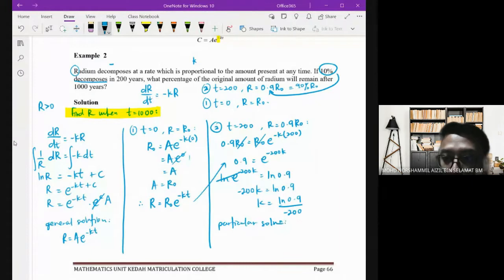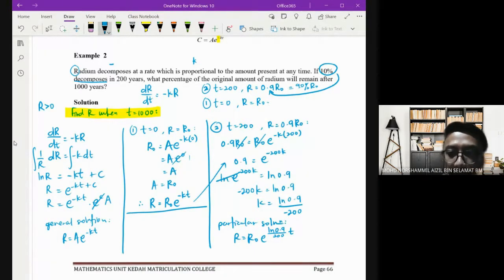R equals R0 exponential, k is this one. So I simplify directly the negative, so ln 0.9 over 200 of t. So this is your equation, guys.